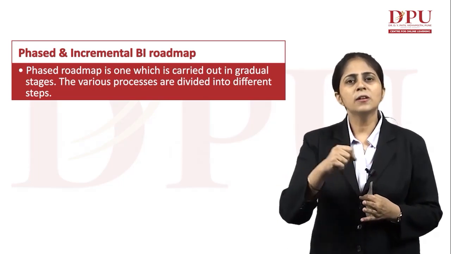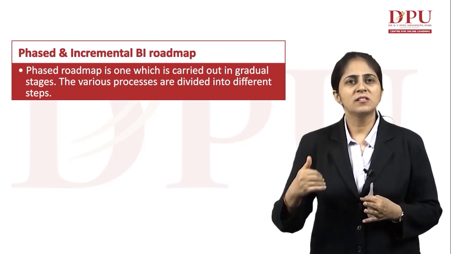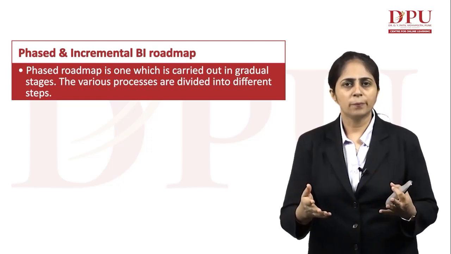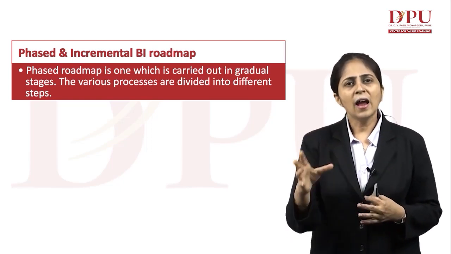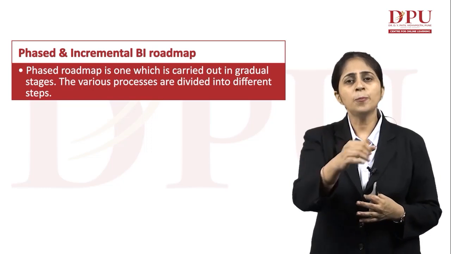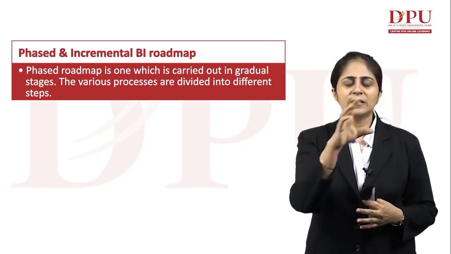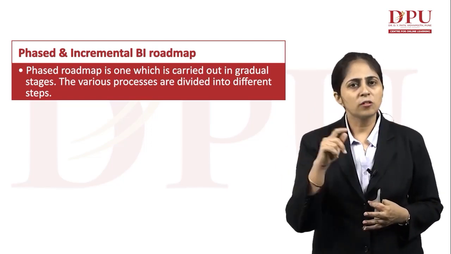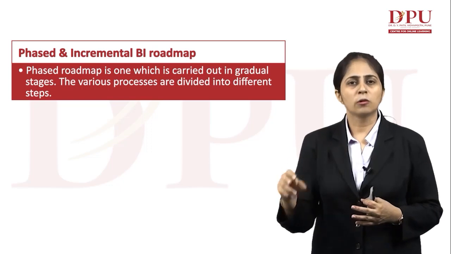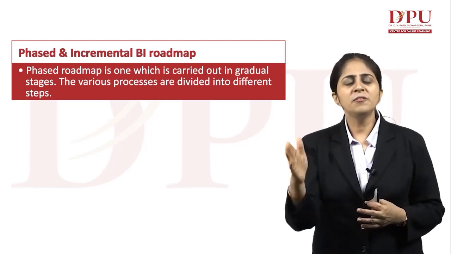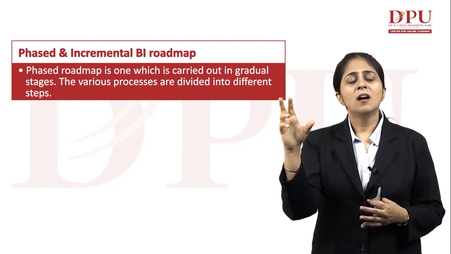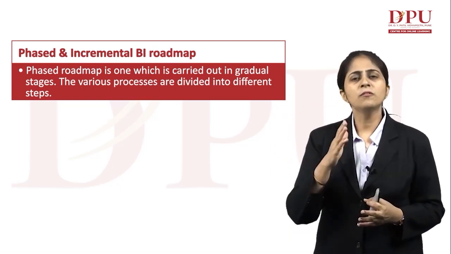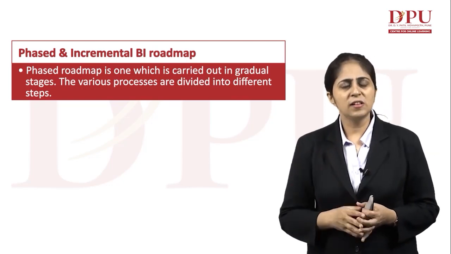If we are performing different functions on our data using the business intelligence tool and we want to see the output of various stages separately, that after the transformation, what is going to be the output? After the analysis, what is going to be the output? After the mining, what is going to be the output? We want to see the phased roadmap. We want to see the roadmap or the visual document at the gradual stages. So that form of roadmap is known as a phased roadmap.